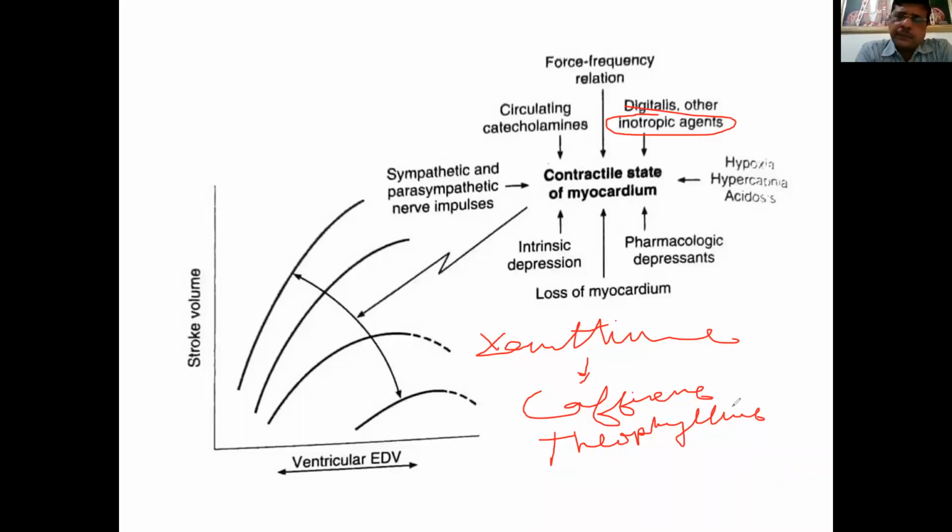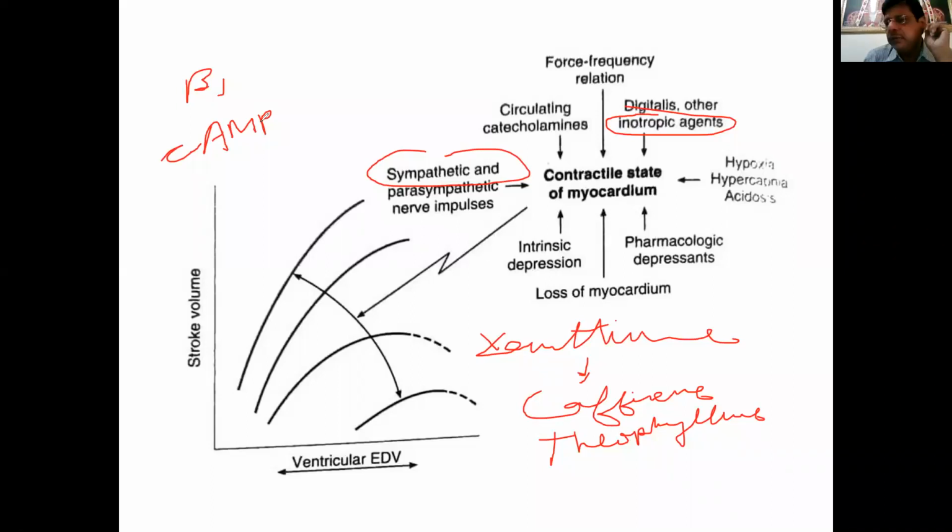Okay. So when I was telling you about the beta adrenergic receptor action, finally what did it do? Which second messenger did it increase? Sympathetic discharge. Remember, I put one flow chart, beta one, and finally what was the second messenger? Cyclic AMP. Cyclic AMP was increased, is it not?